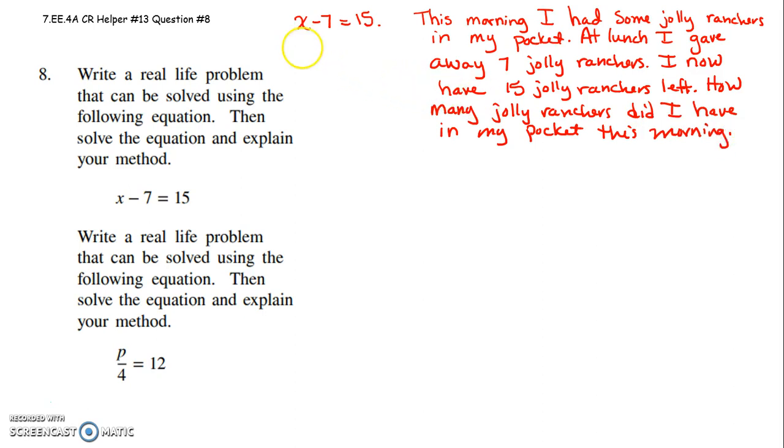Your scenario can be anything. You start with a certain amount, you give away 7 of those items, and you now have 15. I chose Jolly Ranchers. So that would be my real life situation.